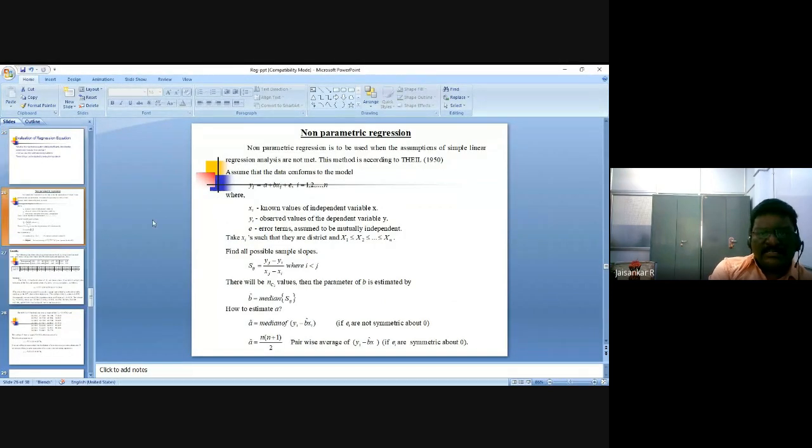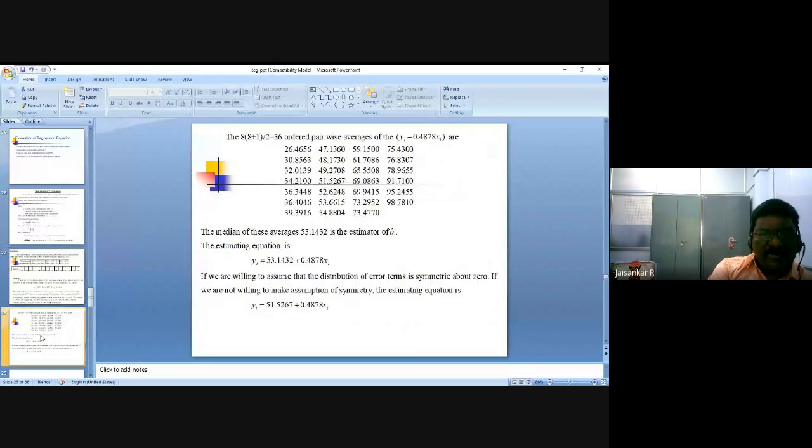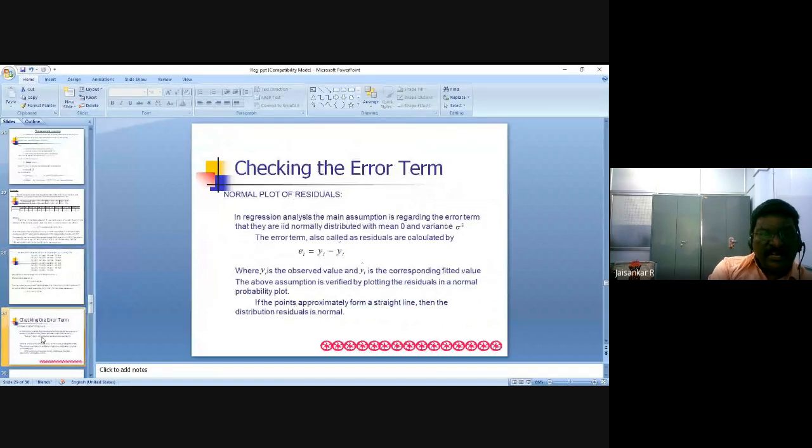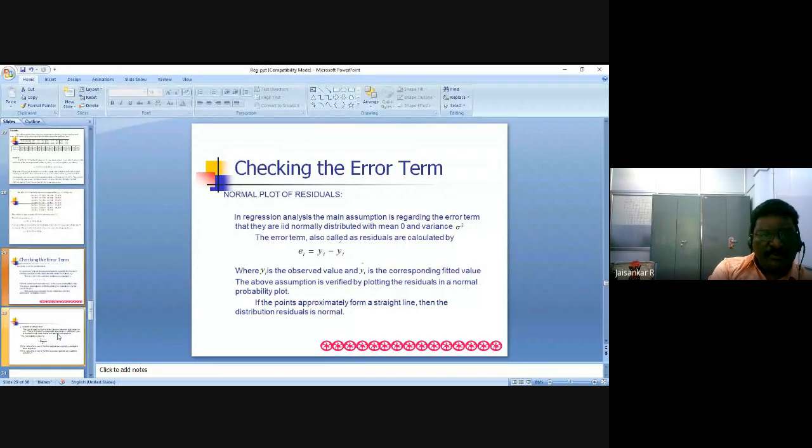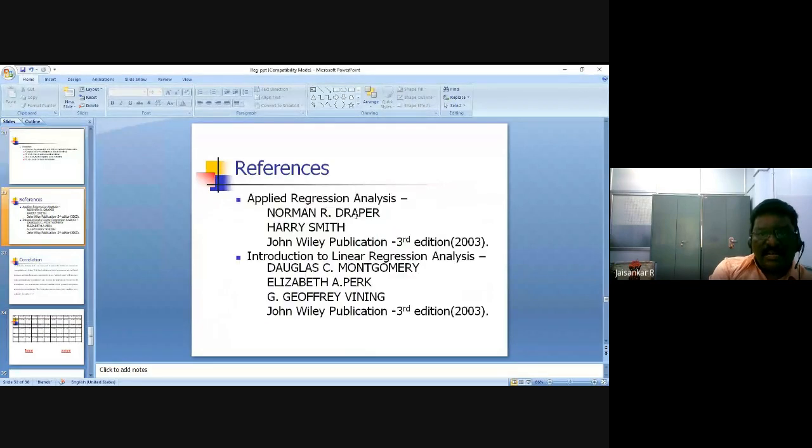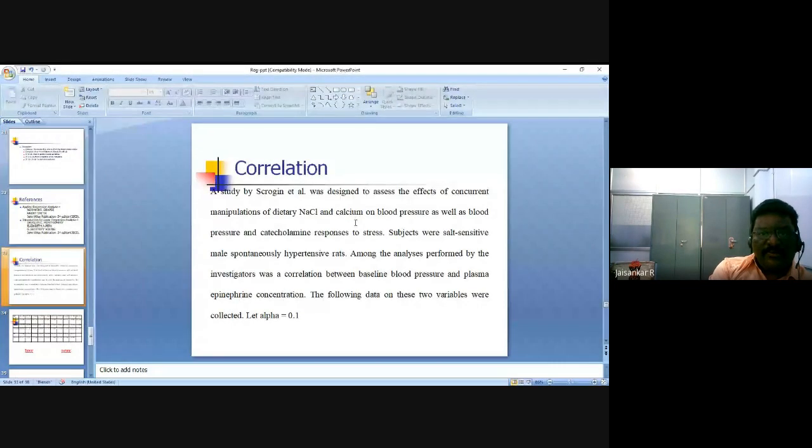I think you rarely need it, but there is a non-parametric measure of regression in the book Biostatistics by Daniel. I think it is not necessary for you. Validating the regression, for example by the normal plot of residuals, is one methodology. These things are not exactly required for you.